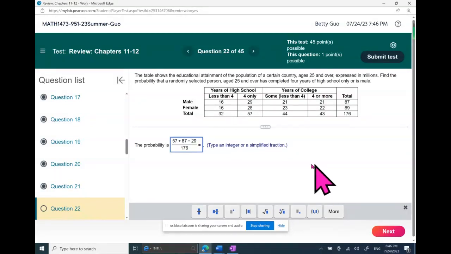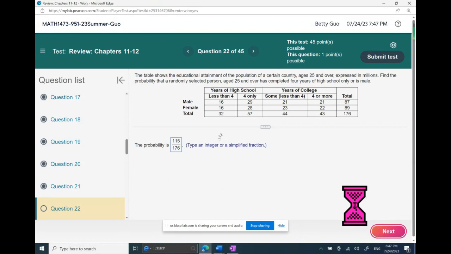I got 115 over 176. 115 over 176. Let's erase those. I suppose you do this on your scratch paper. I'm repeatedly emphasizing that. So 115 over 176.